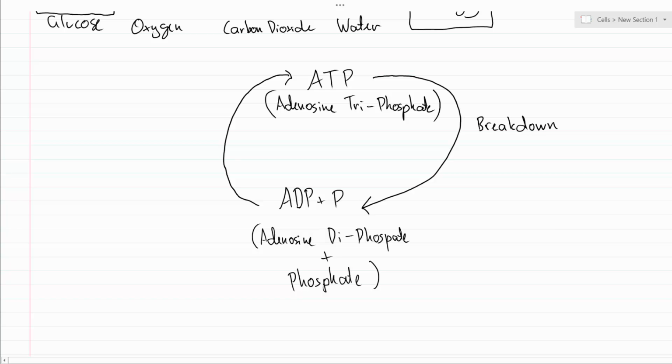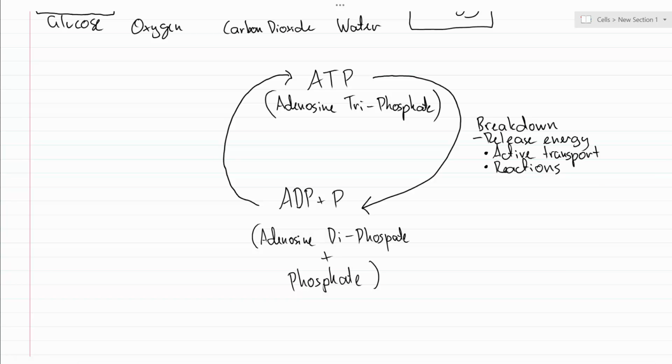The reason why we want to see a breakdown of this molecule is to release energy for things like active transport, which requires an energy input, and also reactions. So if we have some things reacting, we need some energy to keep them going, to make them happen, then this is where the energy will come from, this breaking down of ATP to ADP plus P.